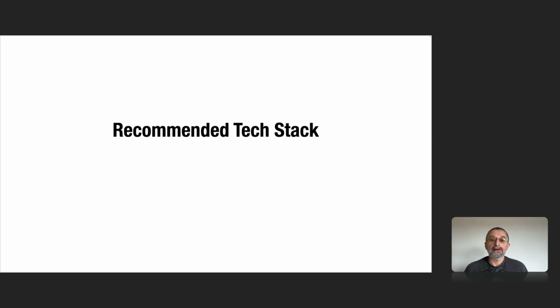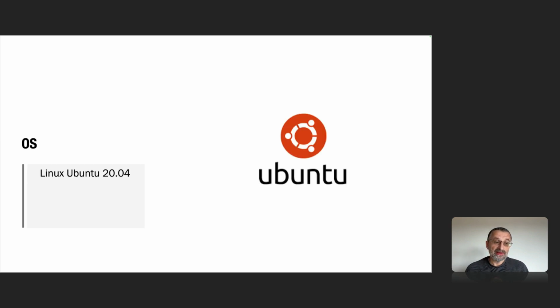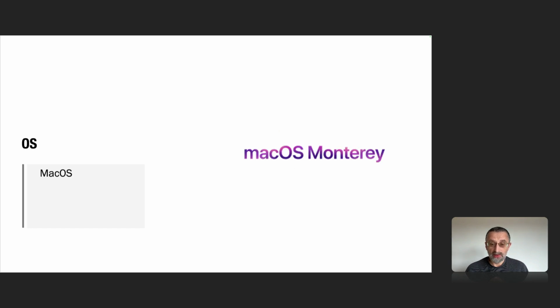Recommended tech stack. It's a huge topic, but let me recommend some of my favorite technologies which may be used during the course. Firstly, I strongly suggest you work on Ubuntu or macOS, for example Sonoma, whatever.